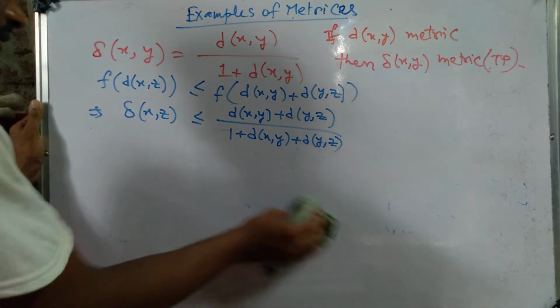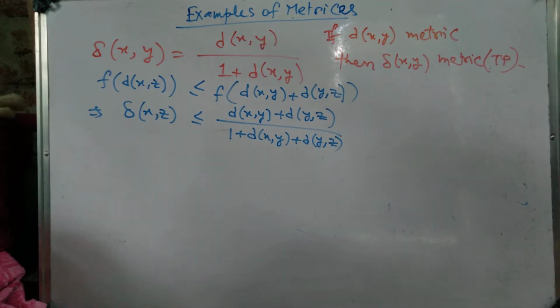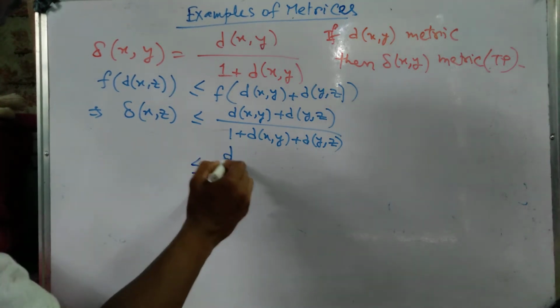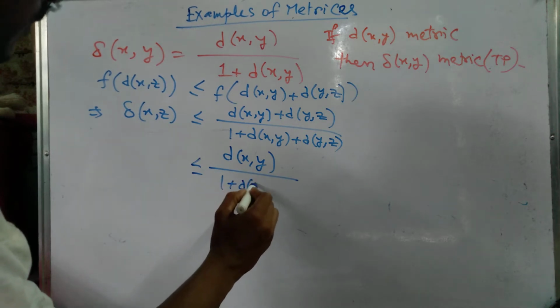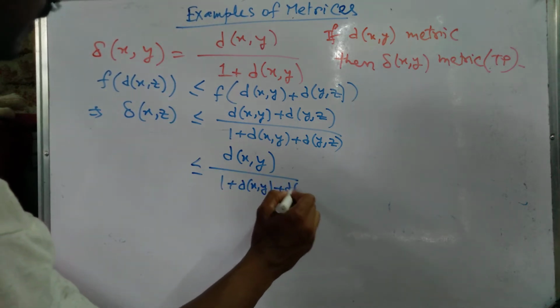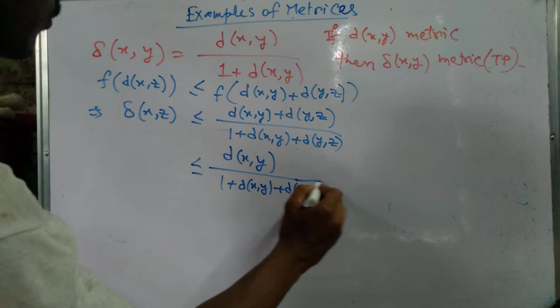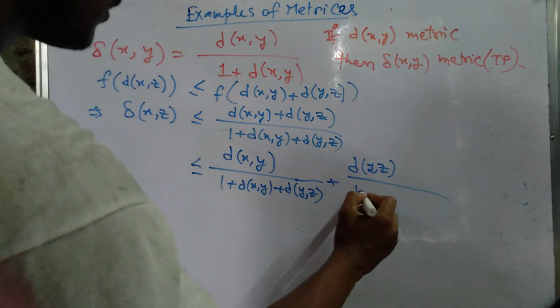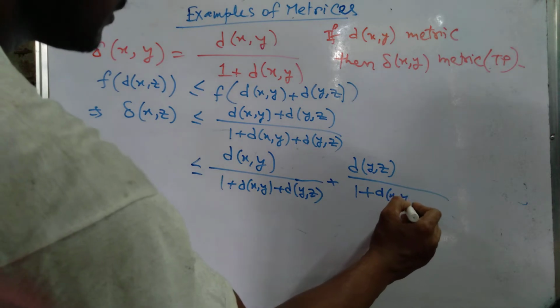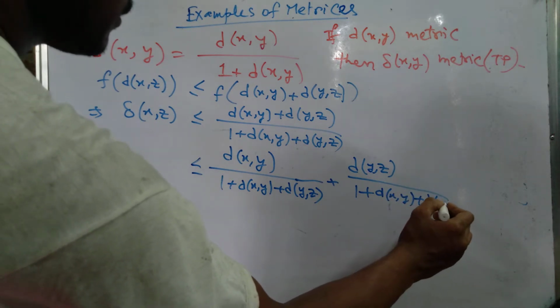We erase this now. Now we get this less than or equal to dxy by 1 plus dxy plus dxyz. Here also we write dyz by 1 plus dxy plus dyz.